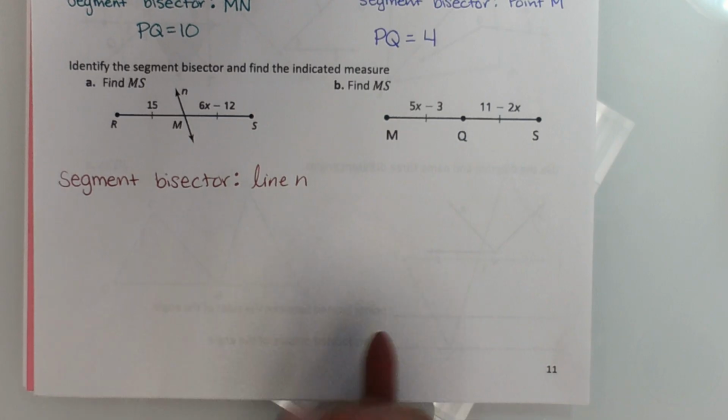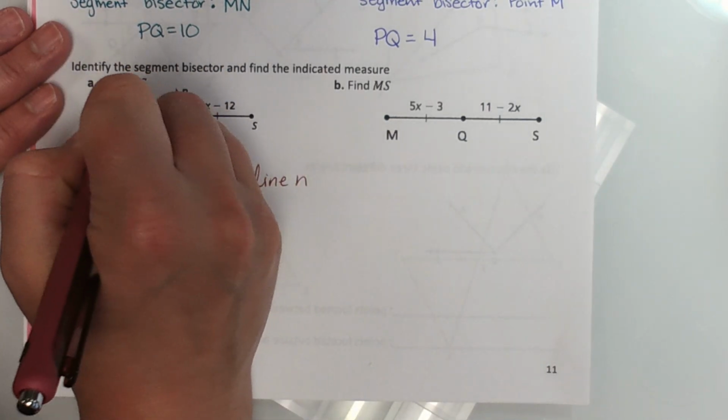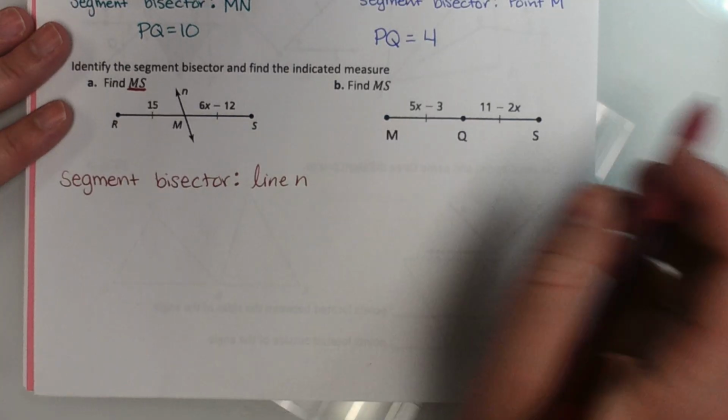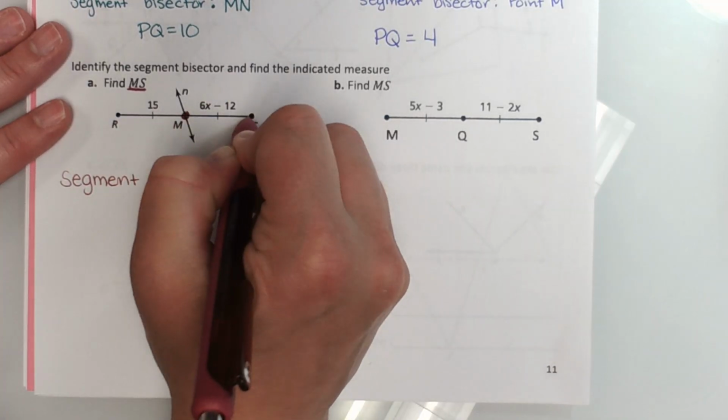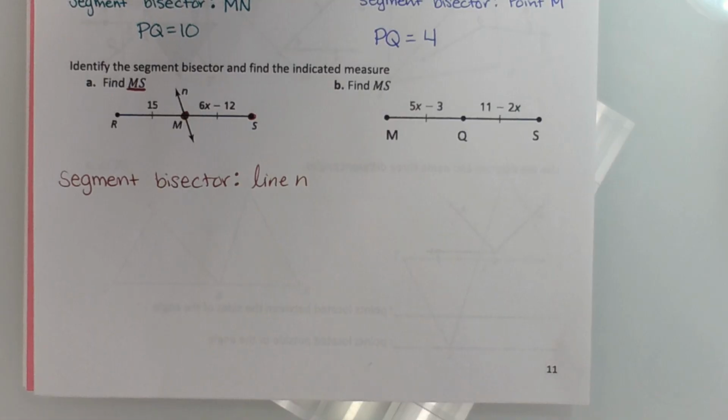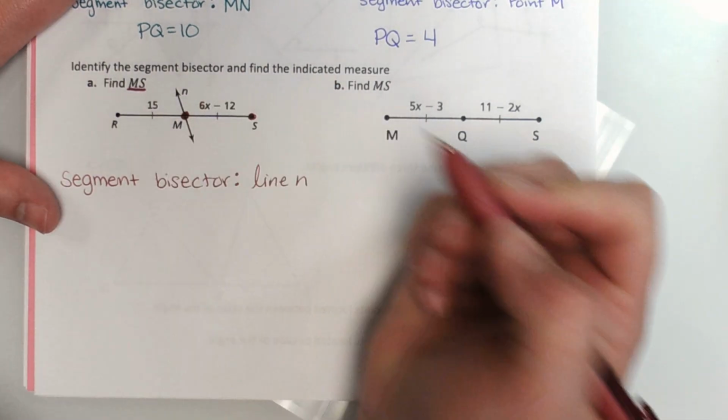This one wants me to find MS. MS is the length from here to here. You could do that a couple of different ways. Any thoughts on how we could start that process? 6x minus 12 is it as an expression.